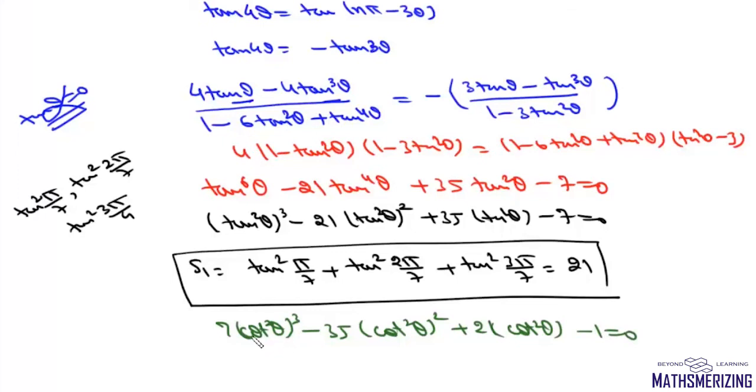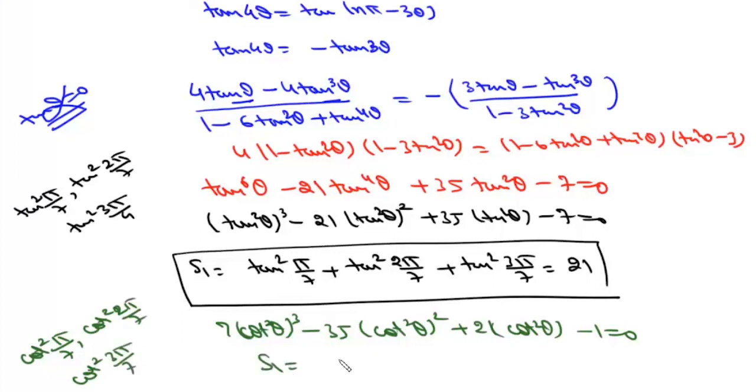Now for this equation, the roots are cot square pi by 7, cot square 2 pi by 7, and cot square 3 pi by 7. Now again, if we write S1, S1 will be cot square pi by 7 plus cot square 2 pi by 7 plus cot square 3 pi by 7, and this value again will be minus b upon a, which is 35 upon 7, and that'll be 5.